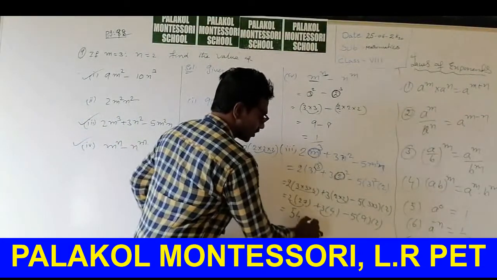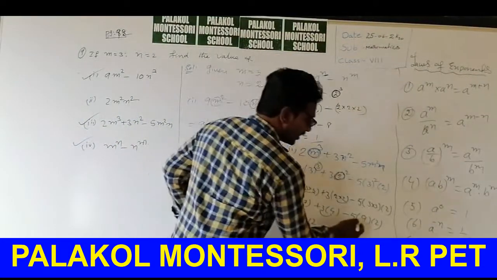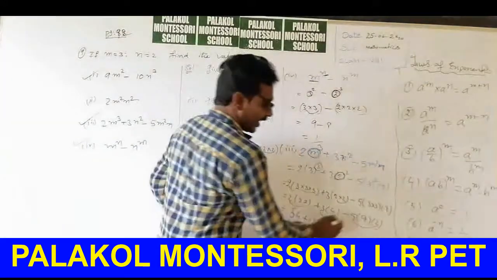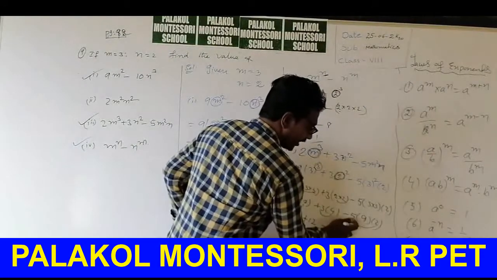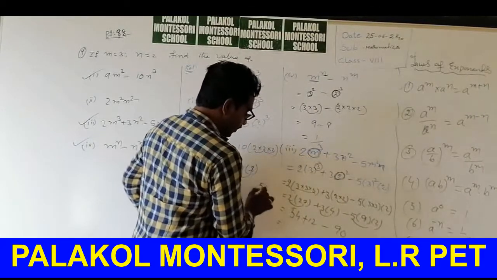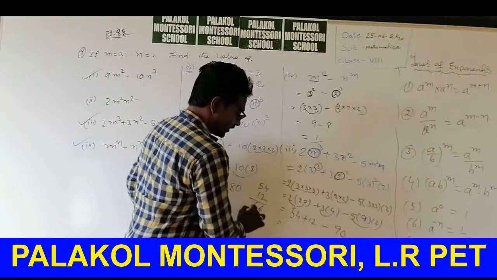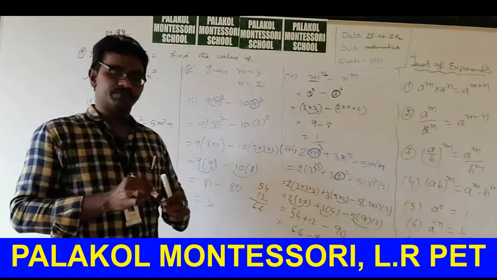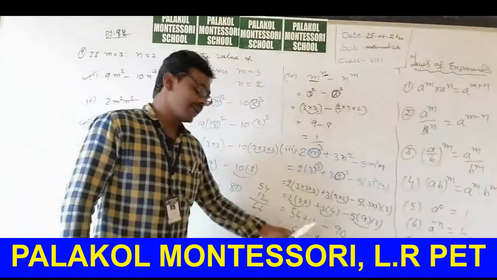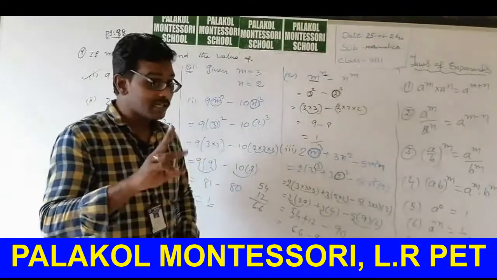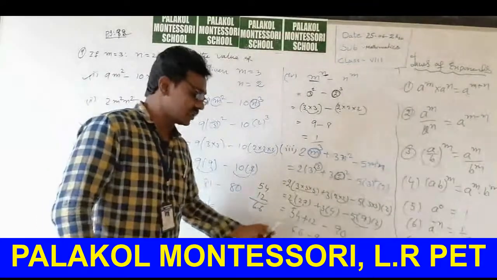Plus this one, 12, minus, guys see, 5 2s are 10, 10 9s are 90. So 54 plus 12 is 66, minus 90. Wait guys. Here two numbers are there, but one is big and one is small, and the signs are also different.